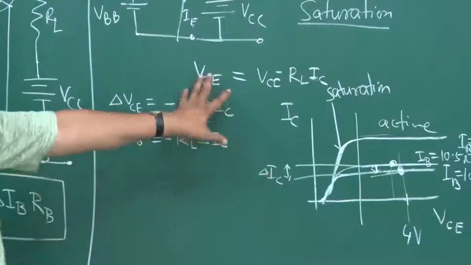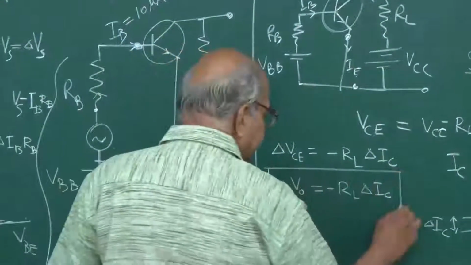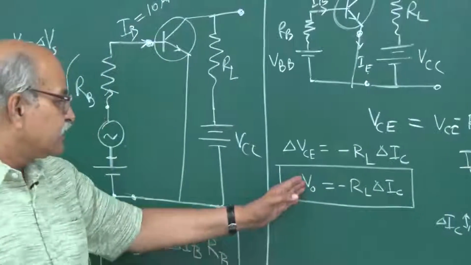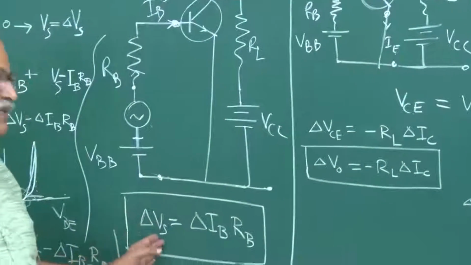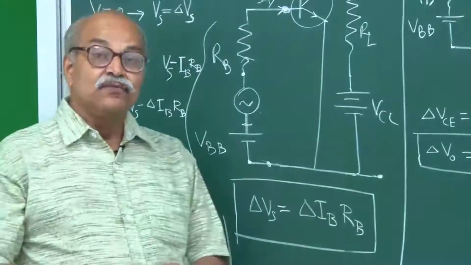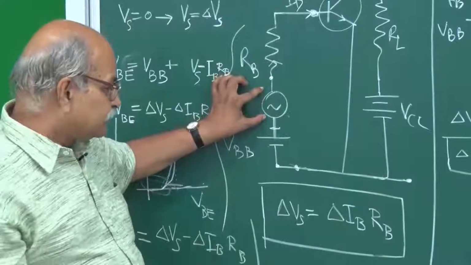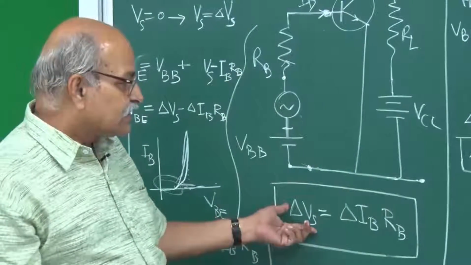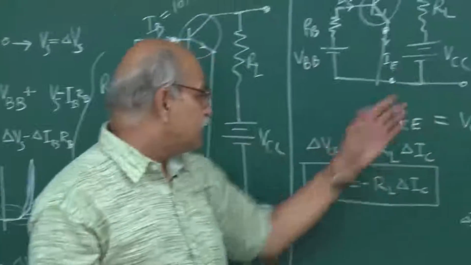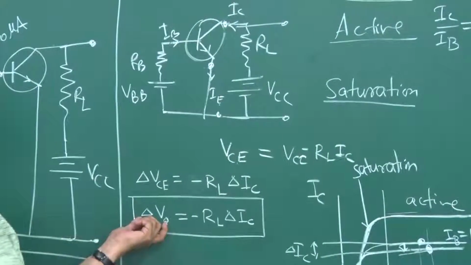So, this is how things will work, and if I divide this delta VO by this delta VS, I will get the voltage gain. So, if the signal varies by this delta Vs, this output voltage varies by this delta VO, right.